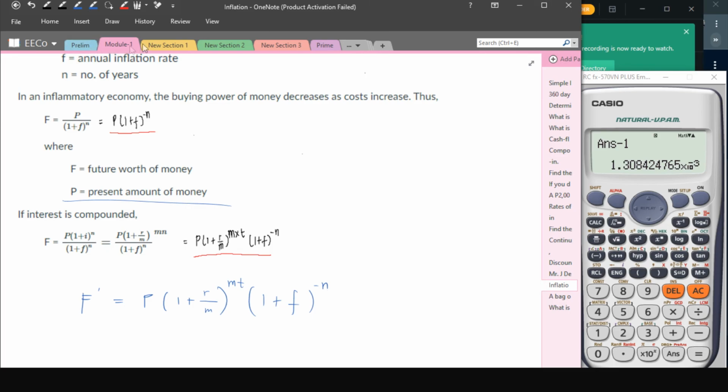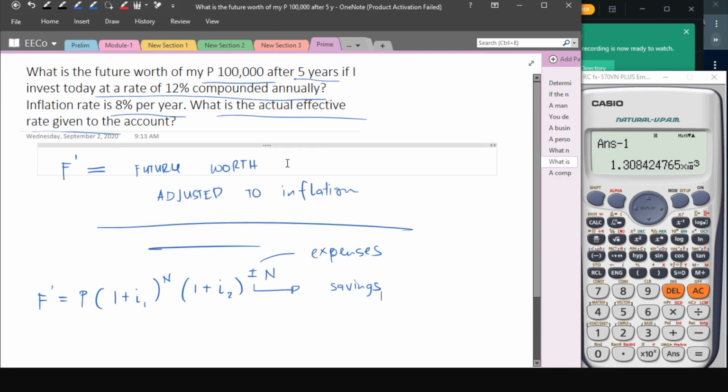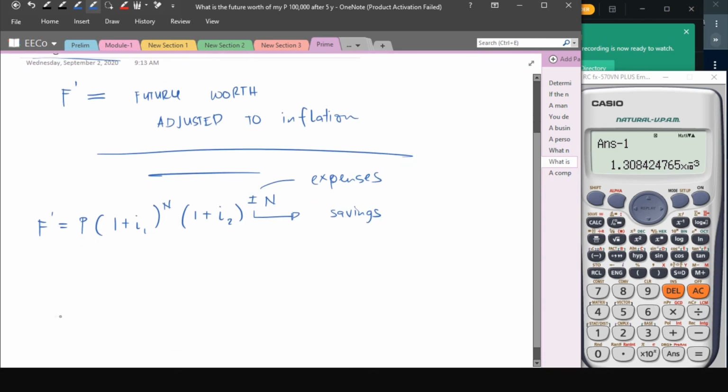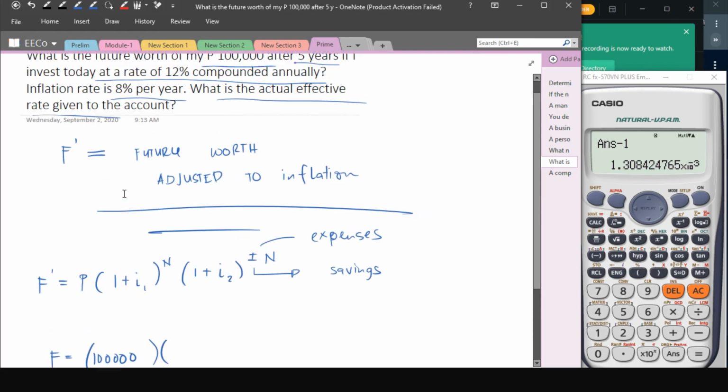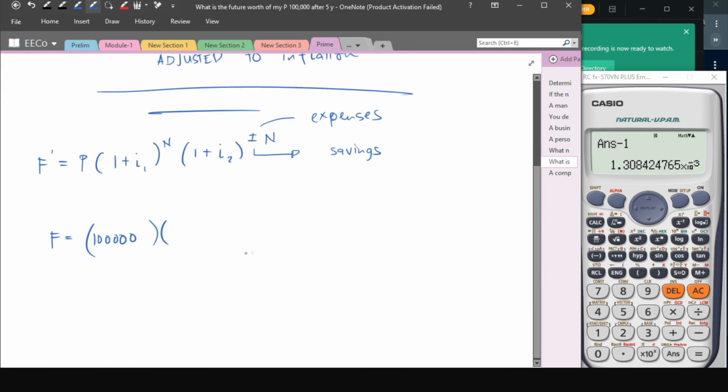Okay. Getting back. Ang hinahanap natin is the future worth. F. In-invest mo is 100,000 pesos. You multiply it with the original amount of interest rate. So, 1 plus compounded annually. Alagay dyan, 12%. So, 0.12.